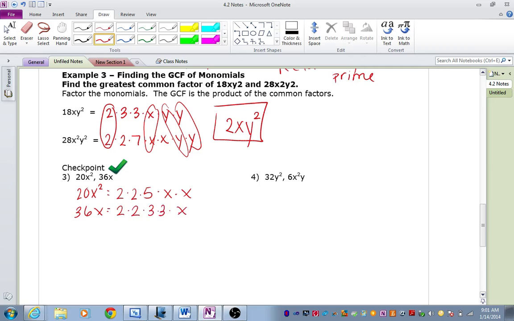And I just have 1 x. Circle the common factors. I have a 2. I got another 2. And I have an x. So if you multiply all those circled things together, remember 1 from each category, we would have 4x.